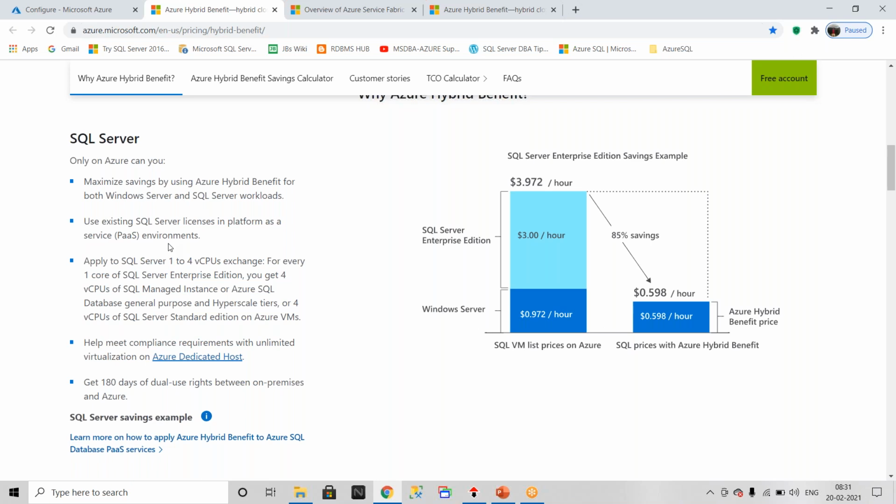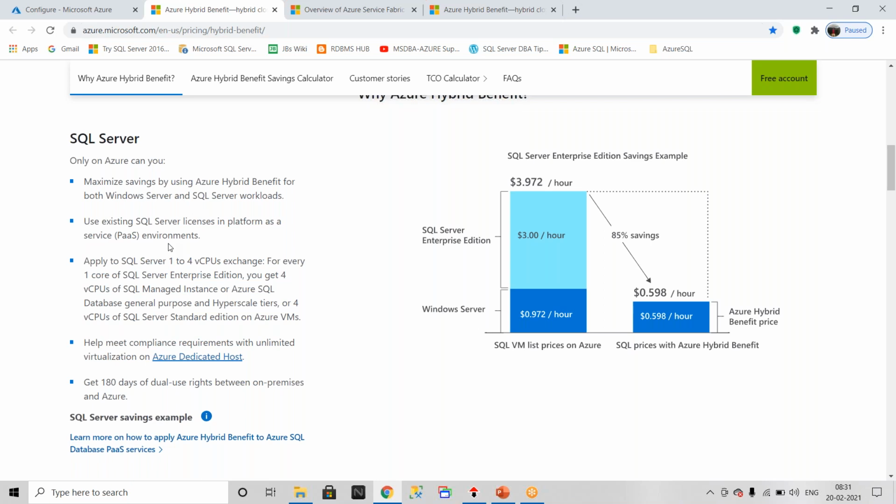In simple terms, what Microsoft is telling is, if we have an enterprise license, with 1 core enterprise license you will get 4 vCore SQL Managed Instance and/or Azure SQL Database, general purpose and hyperscale. You cannot purchase business critical, sir, with your on-prem license.